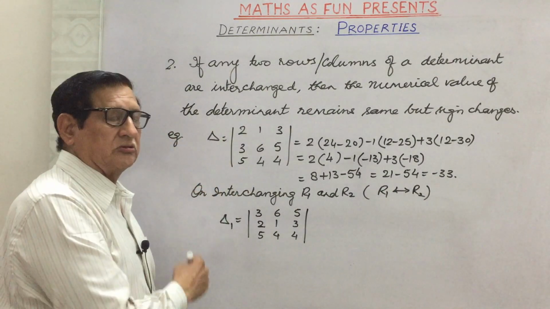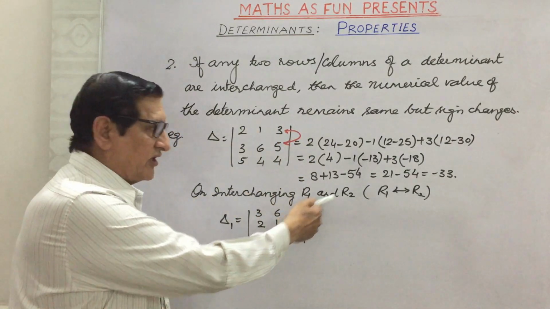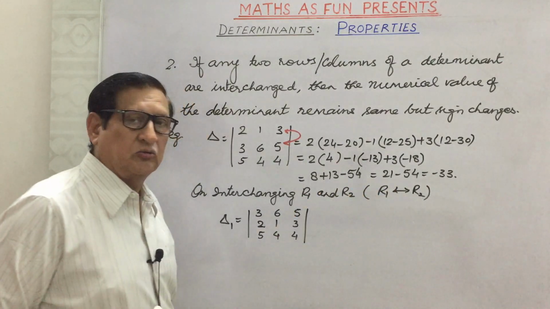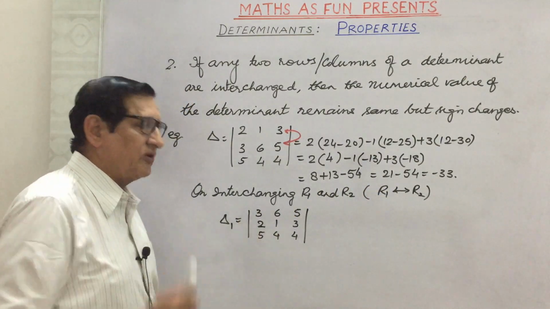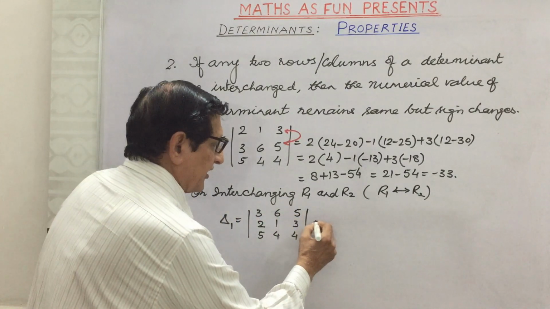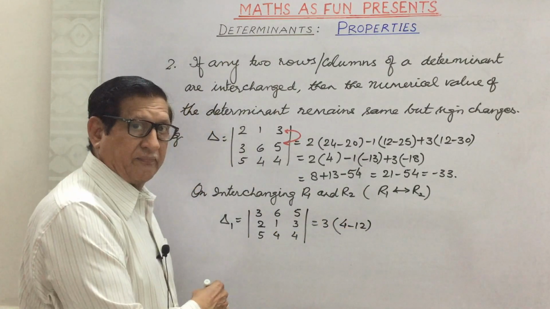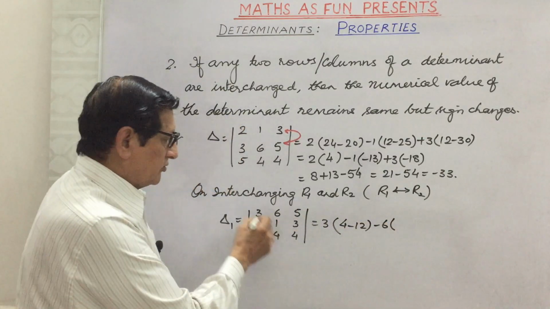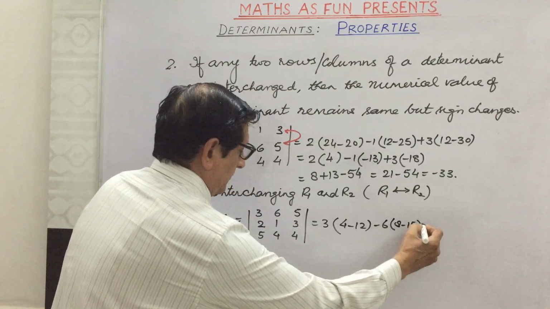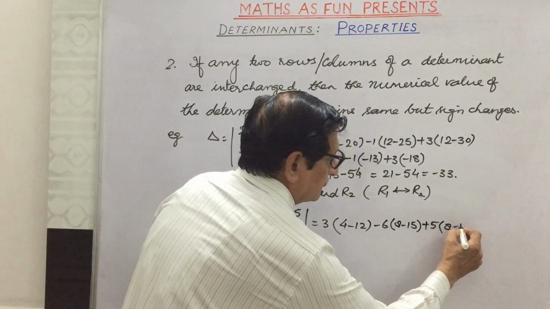If we interchange its two rows, row 1 and row 2, which we can also write symbolically as R1 interchanged with R2, suppose we get this as delta 1. If we find its value expanding along row 1, we get 3 into (4 minus 12), minus 6 into (8 minus 15), plus 5 into (8 minus 5).